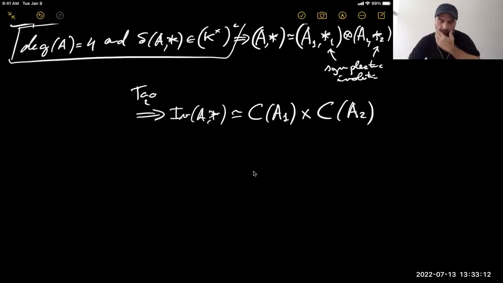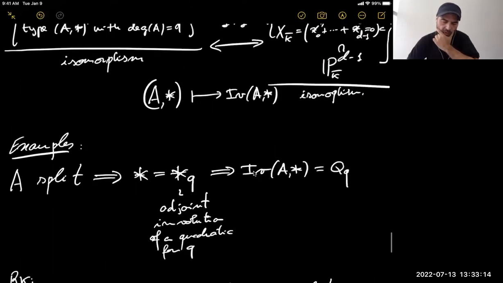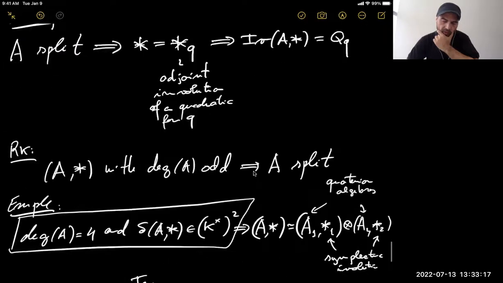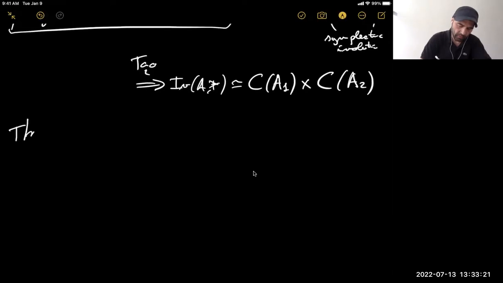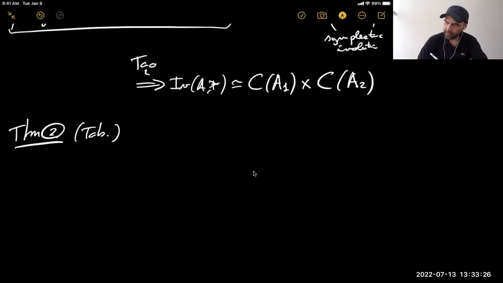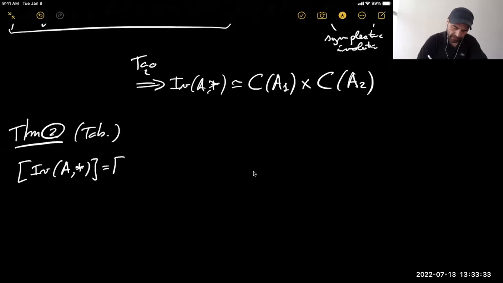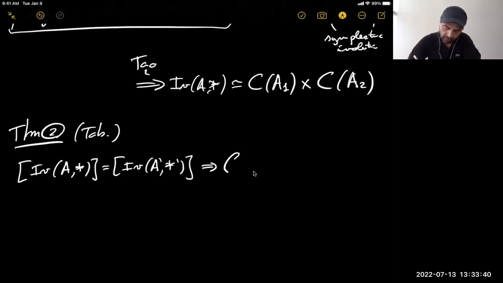Okay, so given all this, what happens is that the previous results actually generalize. And so we have a theorem 2 that says the following: once again, if you have two involution varieties that have the same Grothendieck class, then their even Clifford algebras are actually isomorphic.